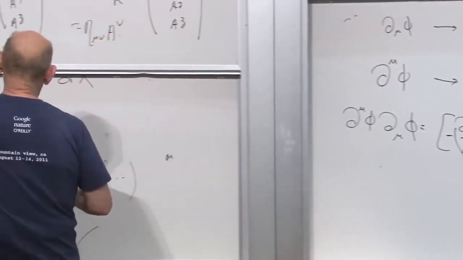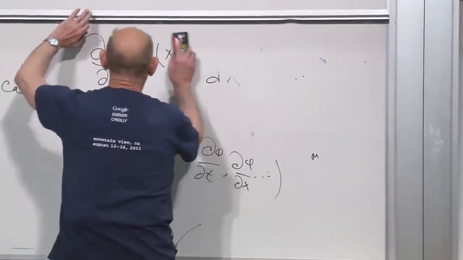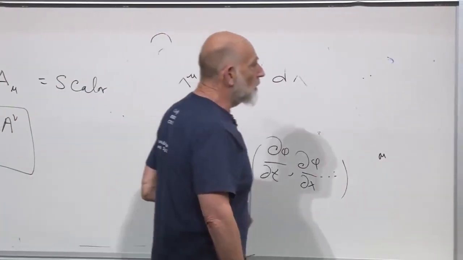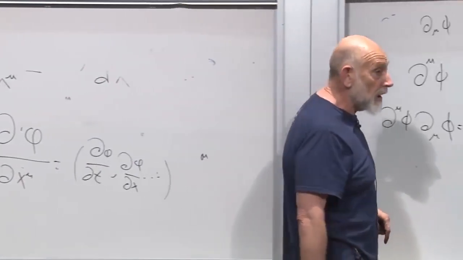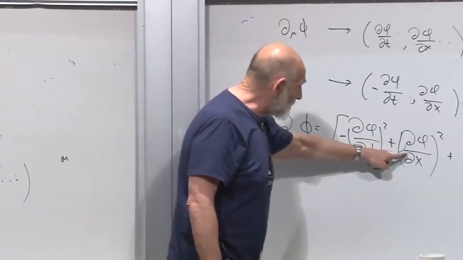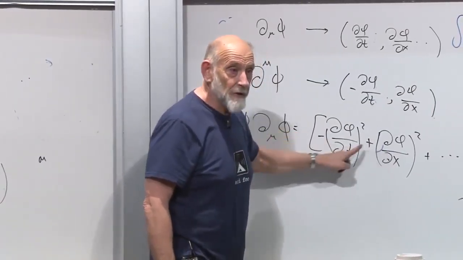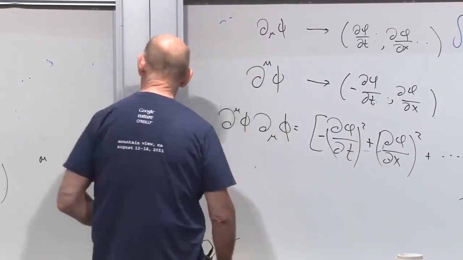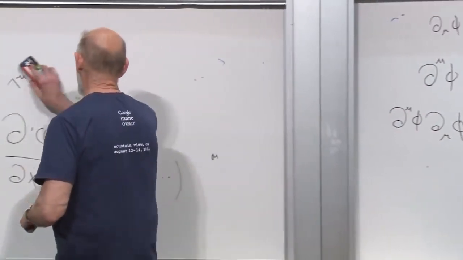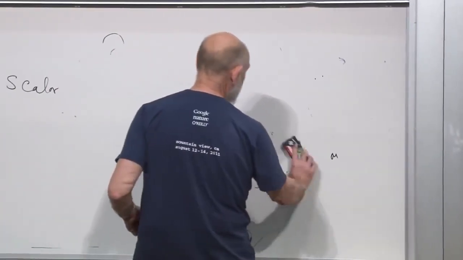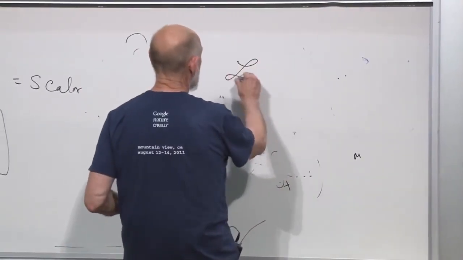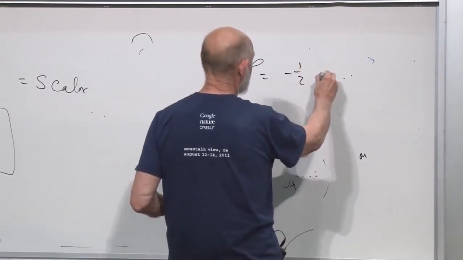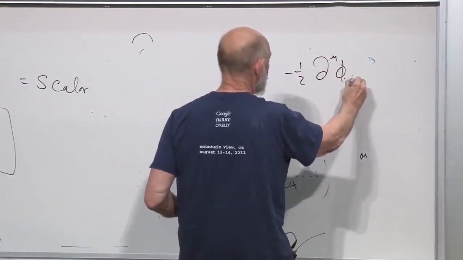Why is it good that the Lagrangian is a scalar? And the reason... Is that Lagrangian or Laplacian? No, this is not the Laplacian. This is the Lagrangian. The Laplacian is composed out of second derivatives. These are squares of first derivatives. The Lagrangian for the scalar field, in this language, is equal to minus 1/2 d mu phi d mu phi.